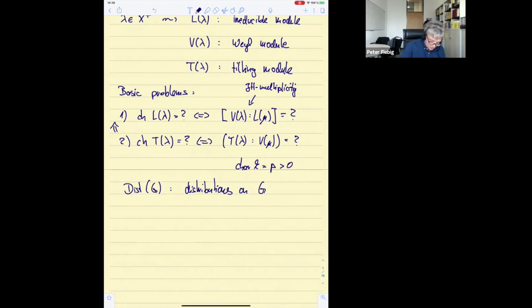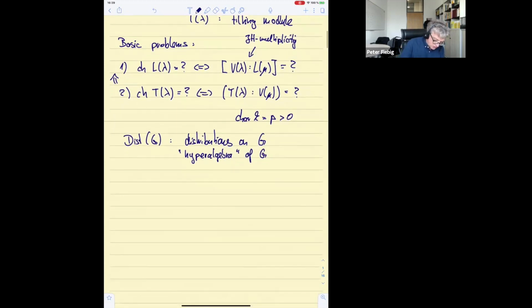This algebra of distributions, also sometimes called the hyperalgebra, replaces the universal enveloping algebra of the Lie algebra of G, in the sense that you can embed the rational representation theory of the group inside representations of this algebra. And this algebra is quite well known.